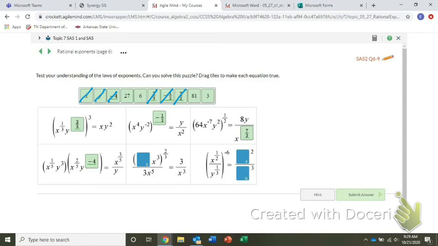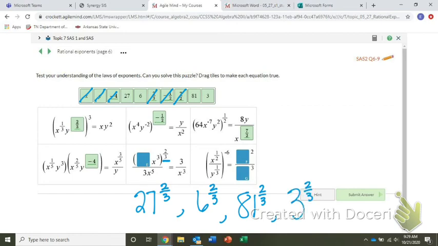Whatever number this is, it's going to have to be multiplied by this, or raised to the power. So we have a 27 to the 2/3, a 6 to the 2/3, an 81 to the 2/3, and a 3 to the 2/3.